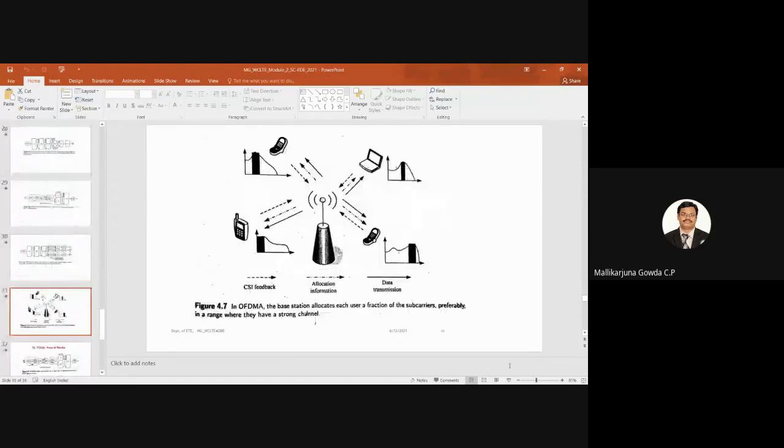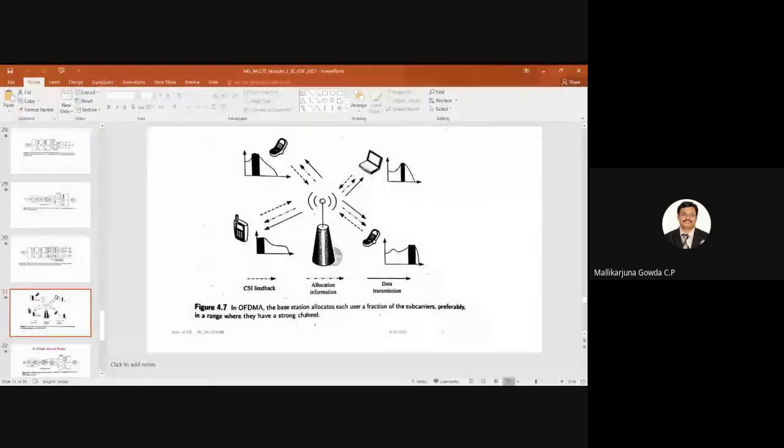This is the diagram which shows how, in case of OFDMA, the base station will be allocating the subcarriers. I said that in case of OFDMA, depending upon the channel state condition, the subcarriers will be swapped between the users. That is what is shown here.